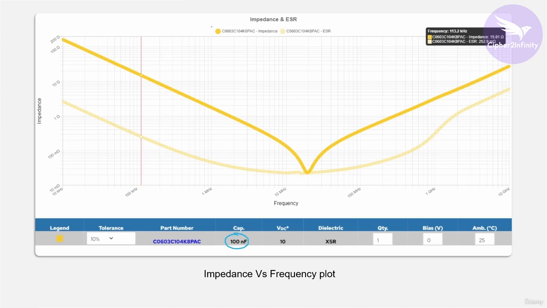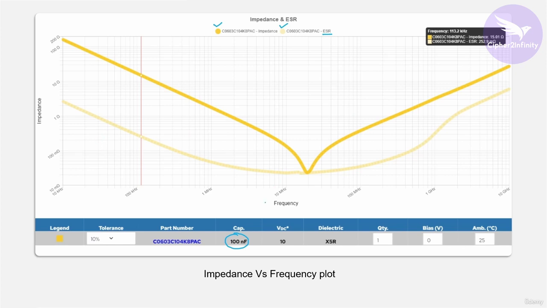And you can see here the impedance versus frequency plot is denoted by this color. The ESR of capacitor is actually denoted by this particular color, so this is the ESR of capacitor at different frequency.